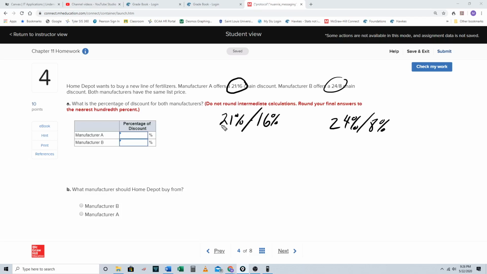So we use the complements, so 100 minus 21 is 79%, 100 minus 16 is 84%, 100 minus 24 is 76%, 100 minus 8 is 92%. So we want to know which one's going to give the better discount. So we're going to multiply these together, and then we're going to do 1 minus the answer. Then we have to change it back to a percent once we're done.